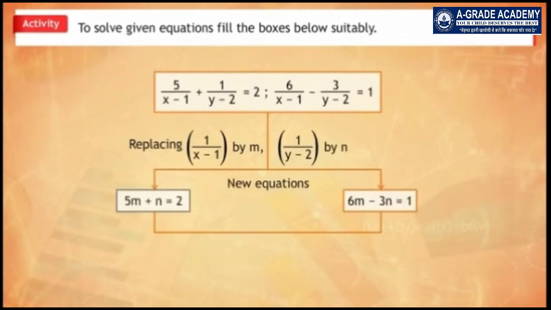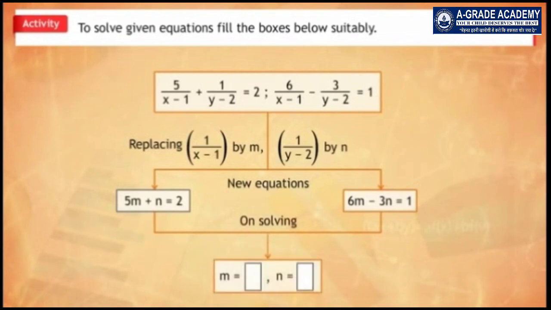5m + n = 2. 6m - 3n = 1. On solving, we get m = 1/3, n = 1/3.